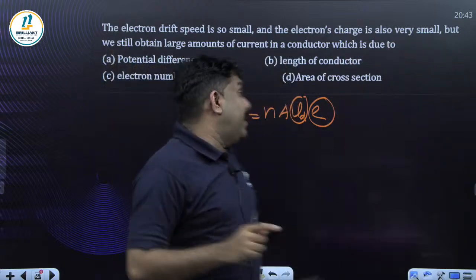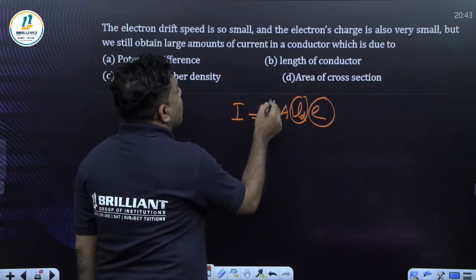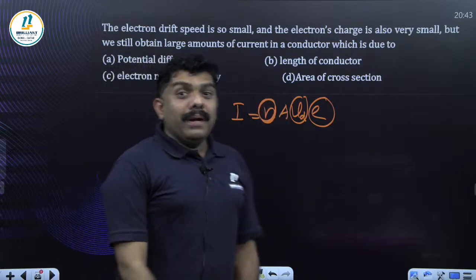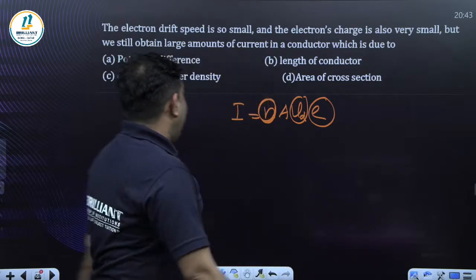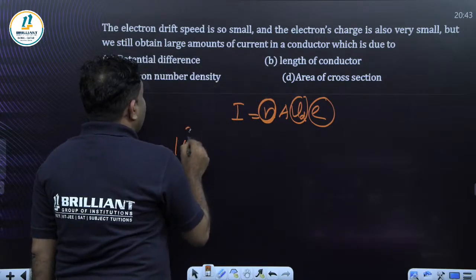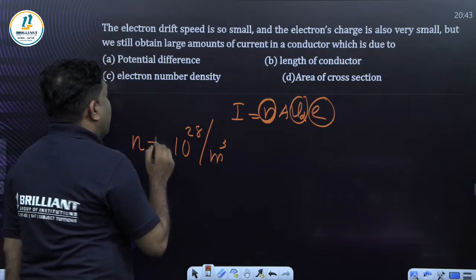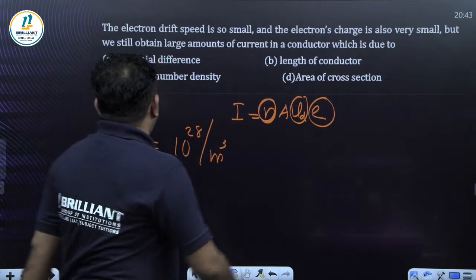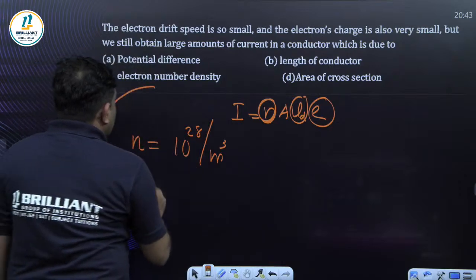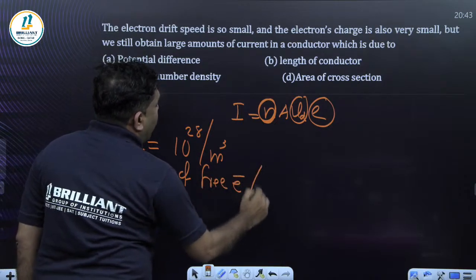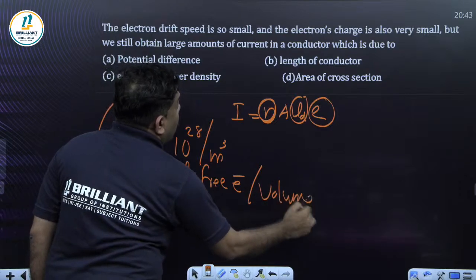So what is the reason? Because there are a large number of electrons per unit volume. The rough calculation shows 10 raised to 28 per meter cube is the number density. Number density means the number of free electrons per unit volume.